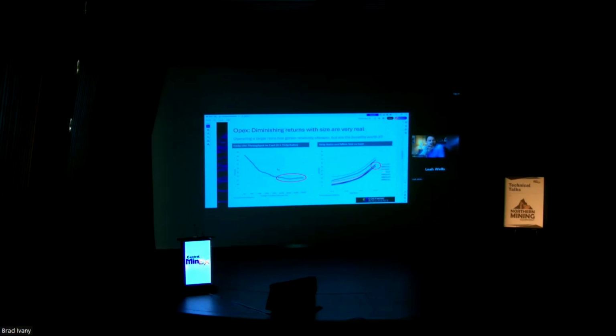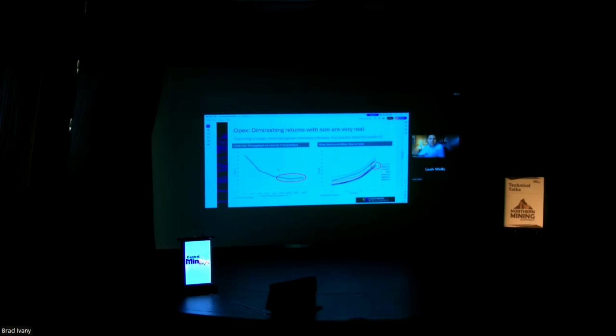So again, it's down to your appetite for cost and risk when it comes to building these larger assets. Not to say that they're not good, but you want to start thinking about, okay, I need more shifts, I need more infrastructure, I need bigger roads, I need all these things that bring with them more cost risk. And are you set up and ready to take on those risks as your mine gets bigger?